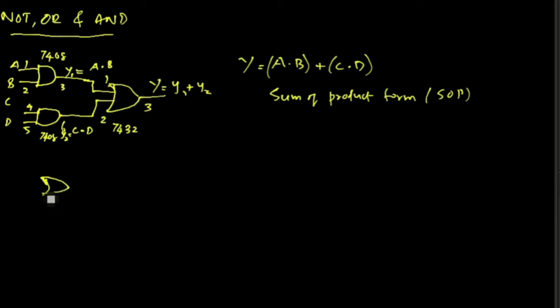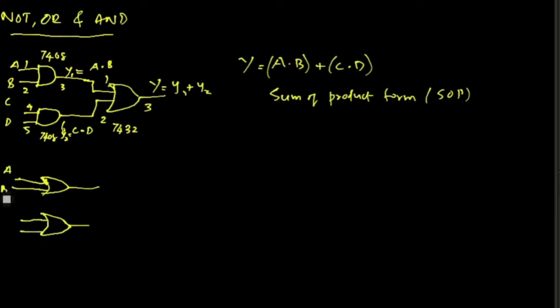Now instead of it, suppose we are connecting using the first two OR gates. Sorry for the bad drawing.